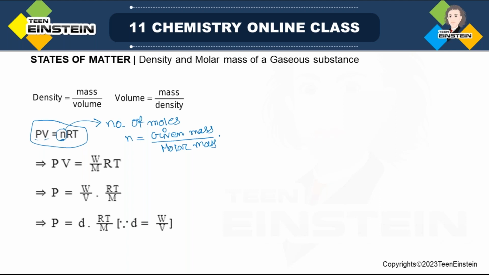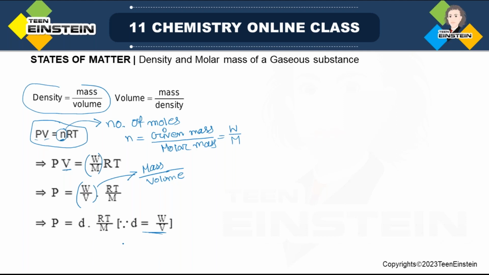Given mass is W, molar mass is capital M. So in place of small n, W by M is written. Now if I keep this M part here and bring V, that is volume, to the right hand side, we will get W by V. Now W by V is basically mass by volume. So in place of W by V, we can write density, small d. So d is equal to W by V.